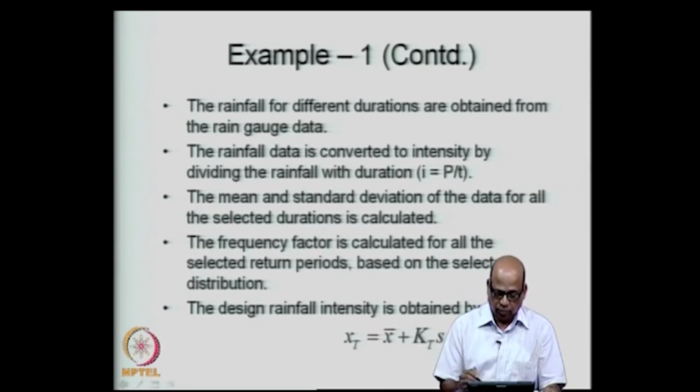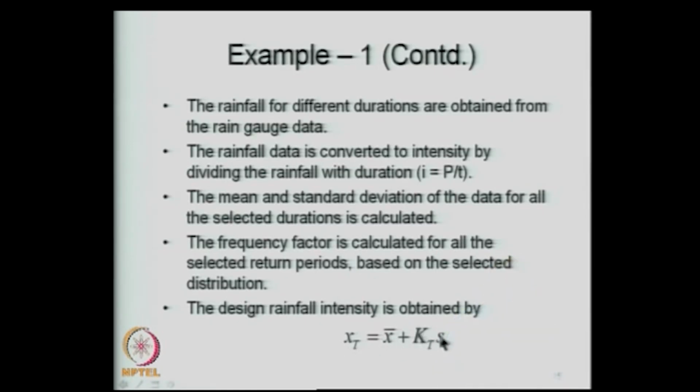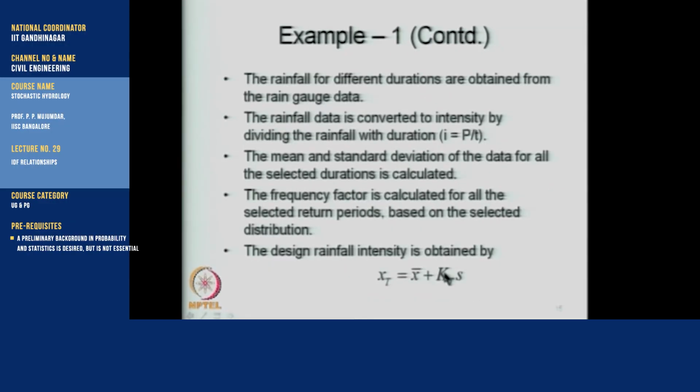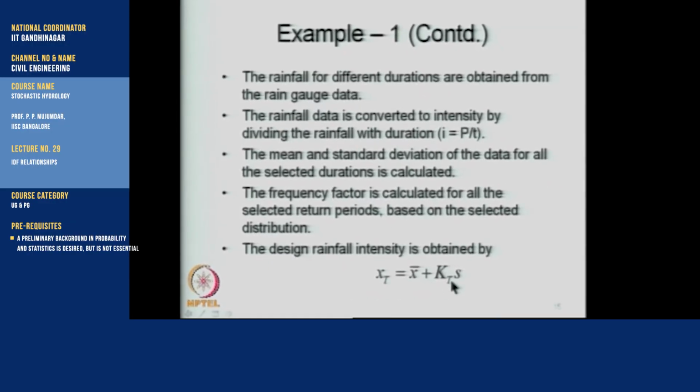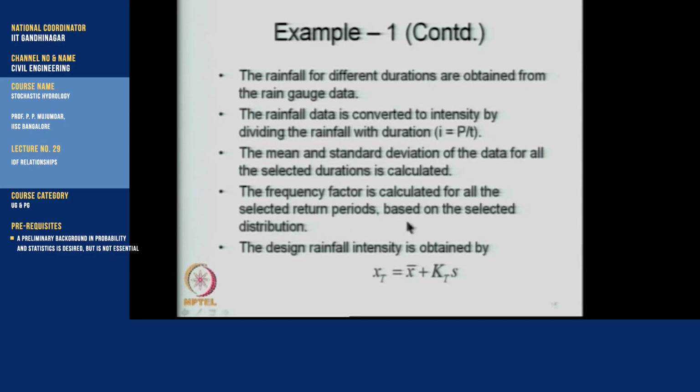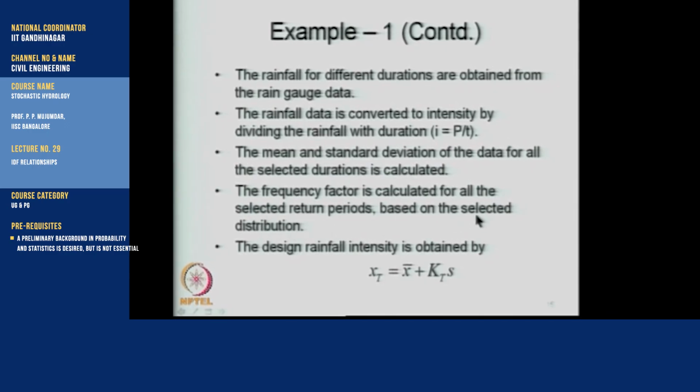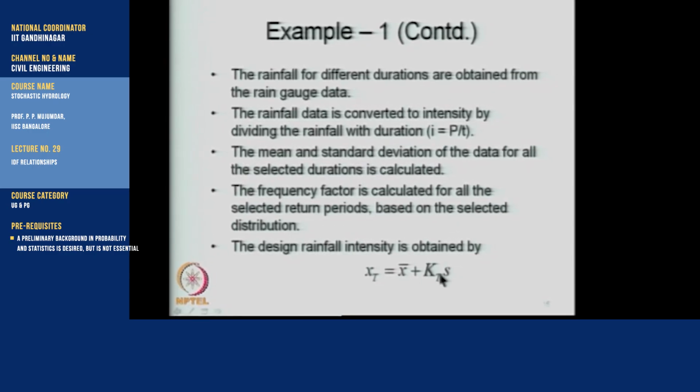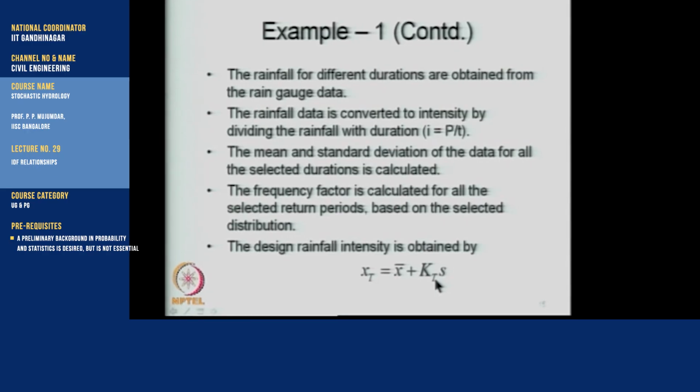So, we are using this expression x t is equal to x bar plus k t into s. X bar is estimated, s is estimated from the sample values that you have for that particular duration, and k t is the frequency factor which we obtain for this particular selected distribution. Let us say it is extreme value type 1 distribution, you have k t for various return periods t.